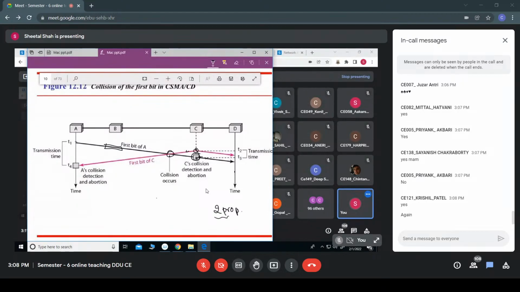So A will come to know that it has seized or got hold of this channel only at the end of twice the propagation time. Is this thing clear?